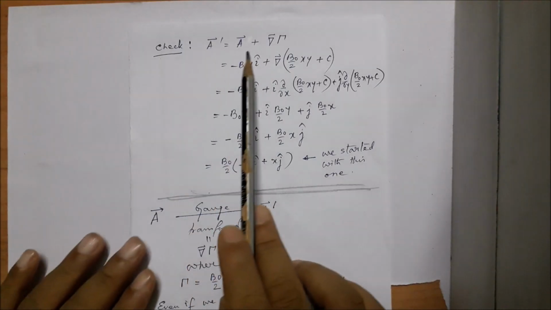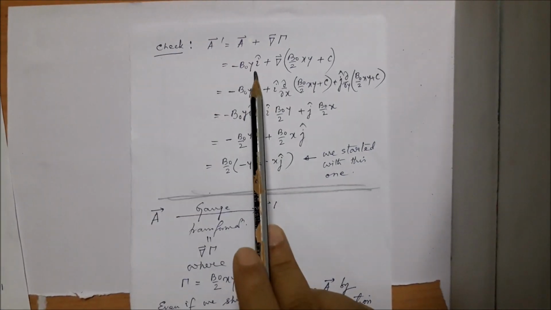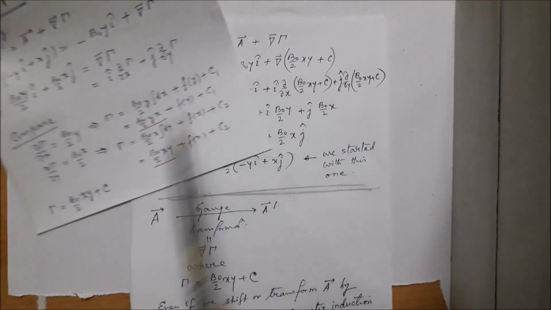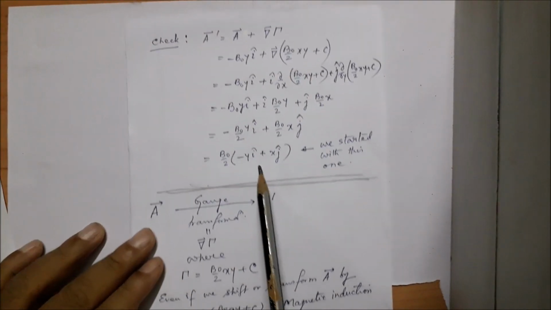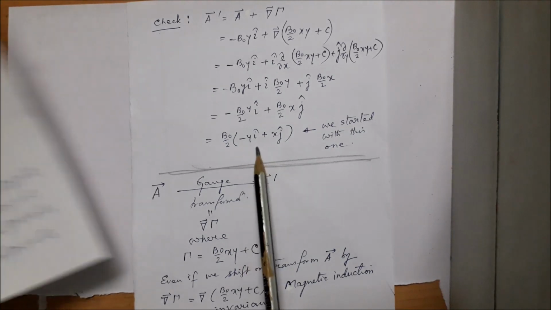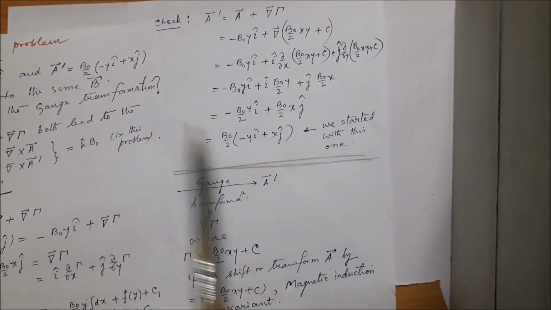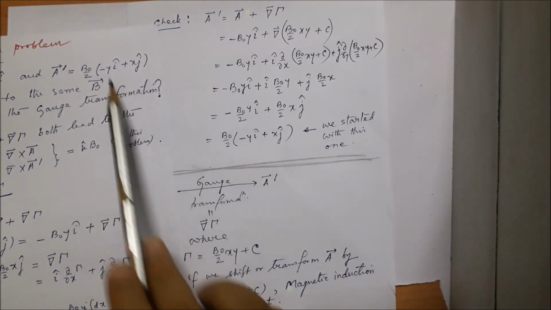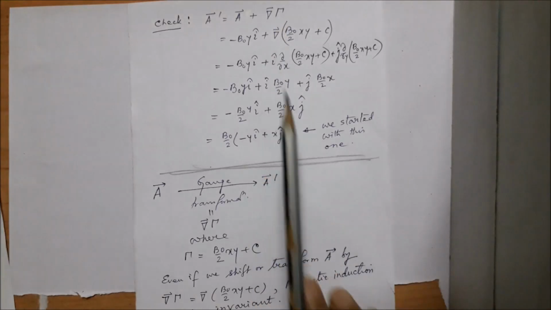So instead of A we have put this value, so this is written, and instead of gamma we have put this expression, and then simple calculation gives us this value, and this is actually this one. So these two expressions match. So this means our calculations are right.